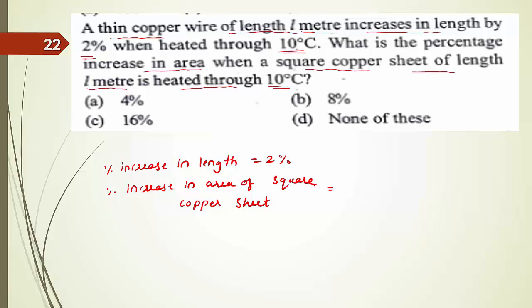Length into breadth, or we can write L into L. L is given 2% and this is also 2%. So area means it will be double of the length, so that is 4%. So 4% of area is increased when it is heated through the same temperature of 10 degrees Celsius. So option A is the right answer.